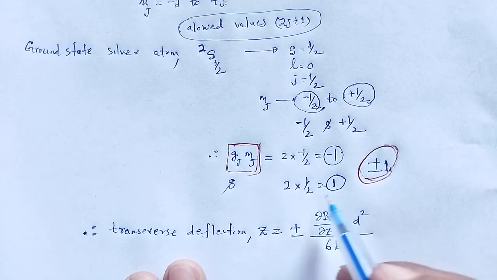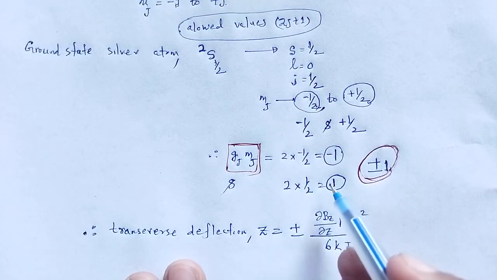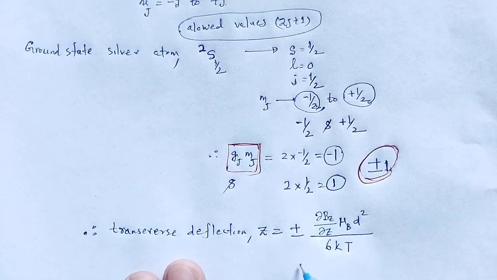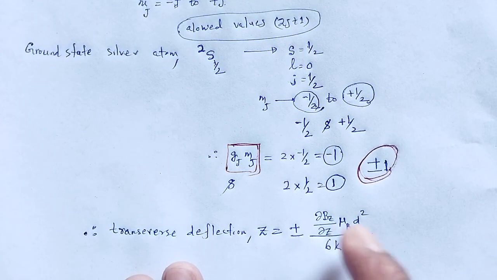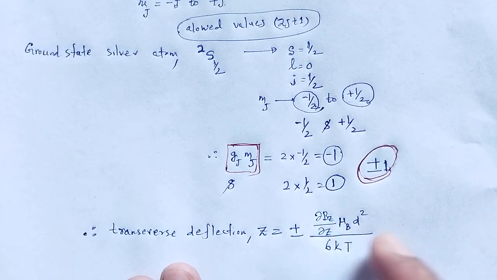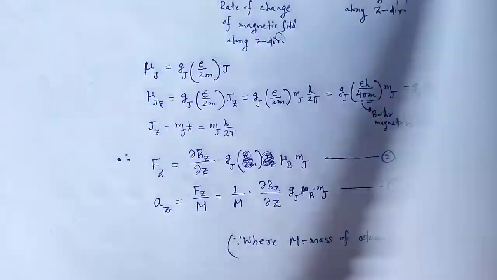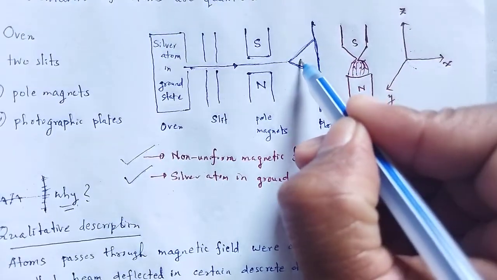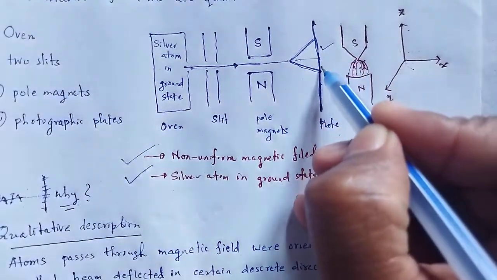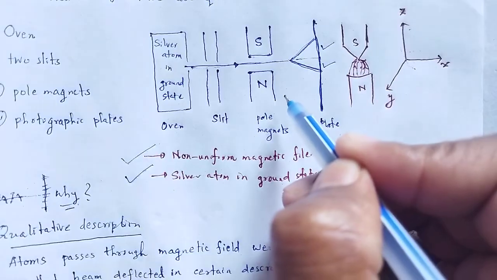The allowed values are 2, one is minus half and another one is plus half, and the discrete traces will be plus minus this much. So quantitatively we get two values, the upper half and the lower half.